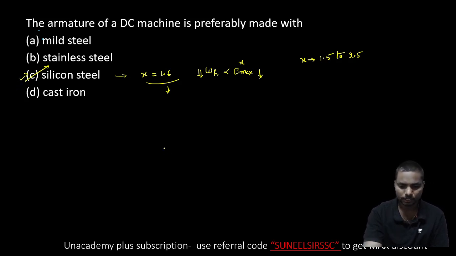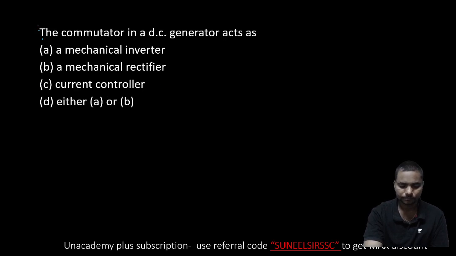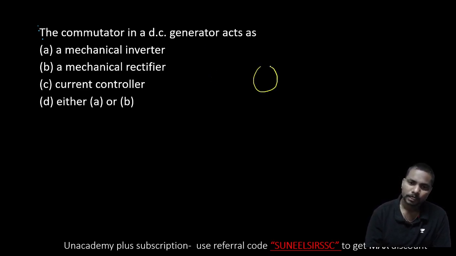Coming to the next question, guys. The commutator in a DC generator acts as dash. It is a very important question. Whether it is a generator or motor, in the armature we always have AC supply, in the armature conductors.